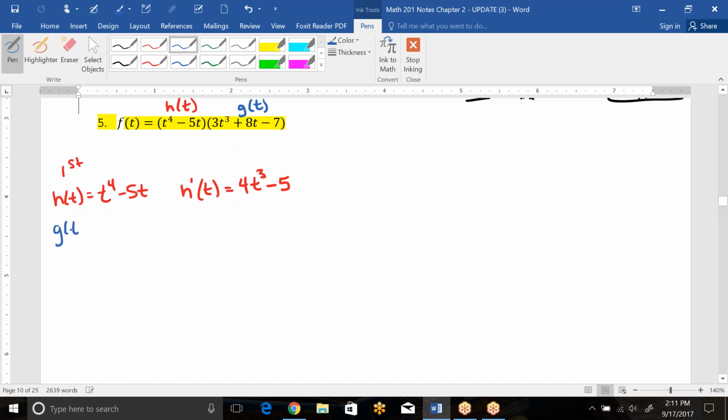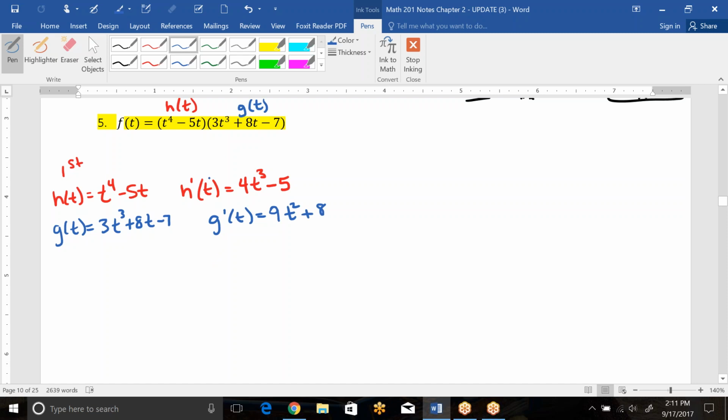G of t is 3t cubed plus 8t minus 7. G prime of t would be 9t squared plus 8. So that's what we have for that.